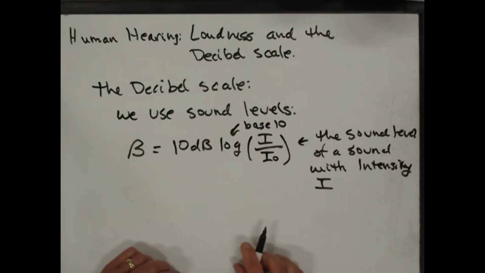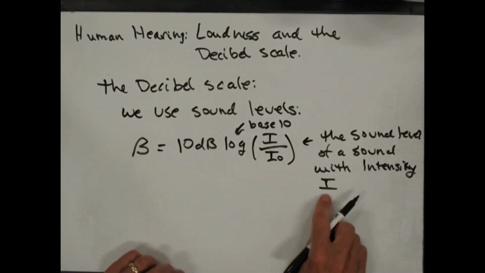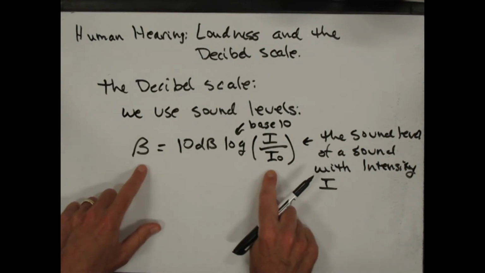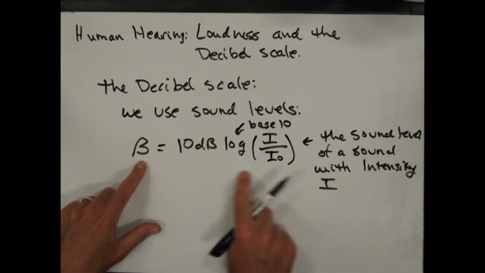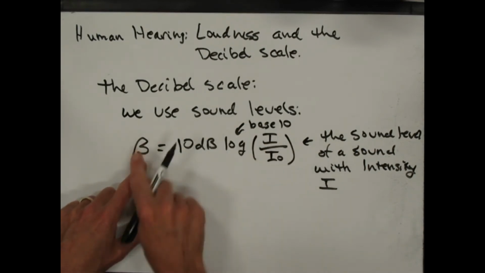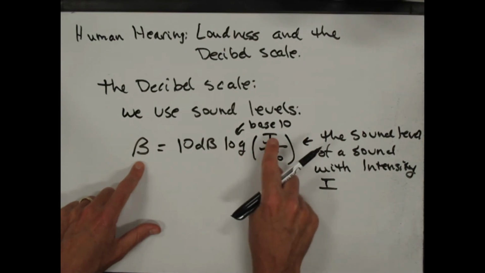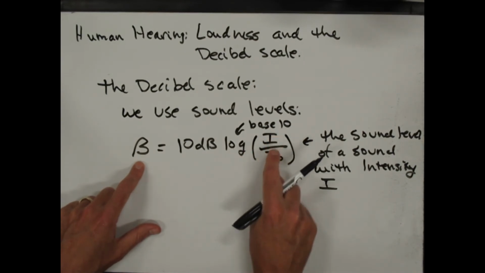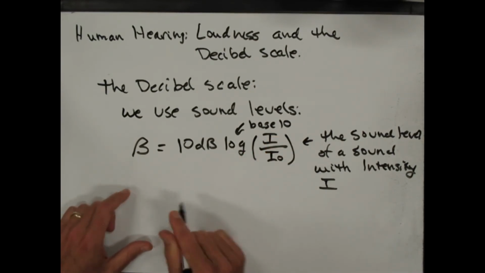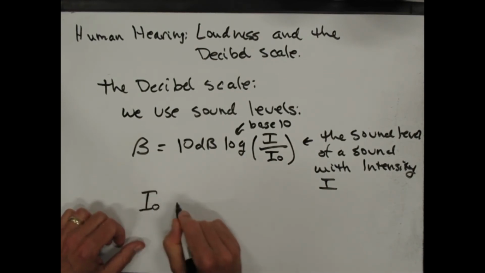So if I have a sound with intensity I, the sound level for it will be this, and this is a representation of sort of what we hear. This isn't a law or anything, this is just a definition. We call the sound level 10 decibels times the log of the ratio of the intensity that we're looking at over this quantity called I0.